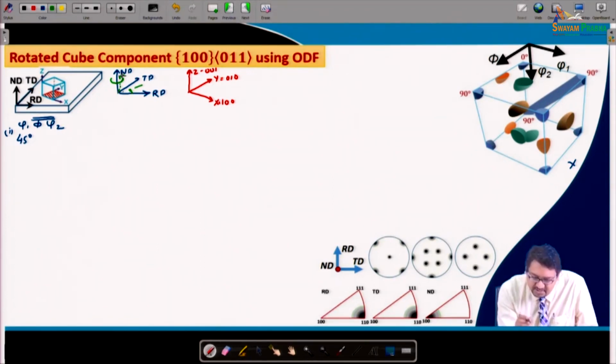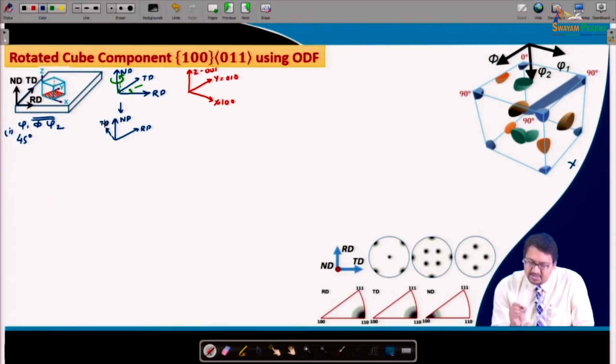So, you see that after the rotation, the ND remains at the same position, whereas RD is somewhere here and TD is somewhere here, at 90 degrees. Now, in such a situation, RD is along 010, whereas ND is along 001.